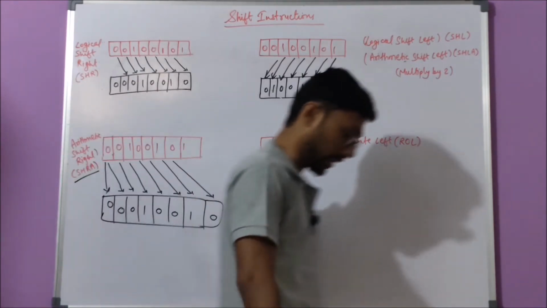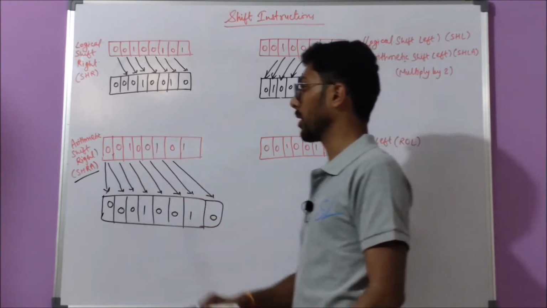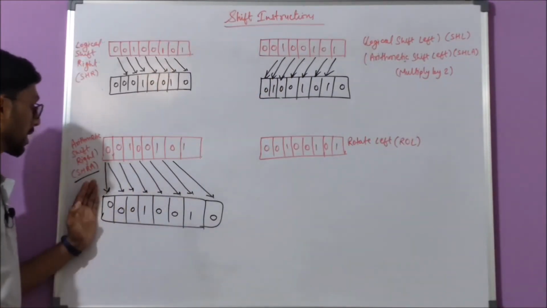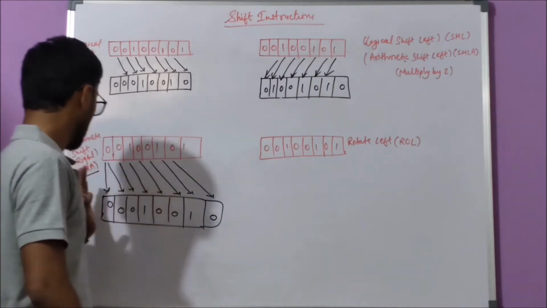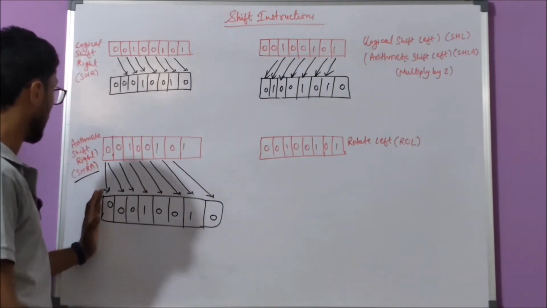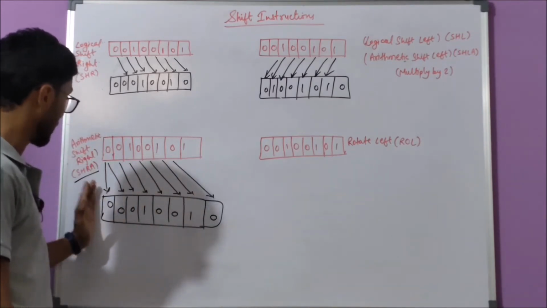So you have seen how arithmetic shift right works. Copy all the bits and then put the first bit as it is. Move all the bits to the right-hand side, and copy the first bit as it is.